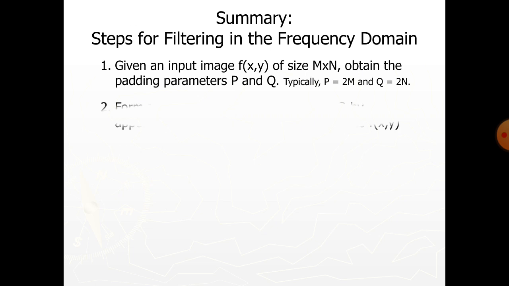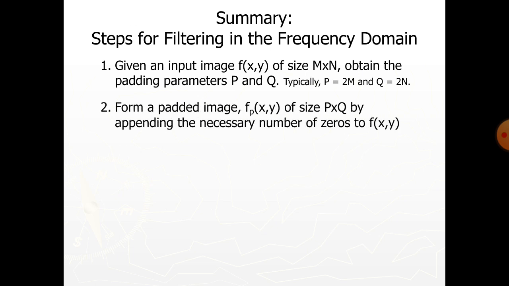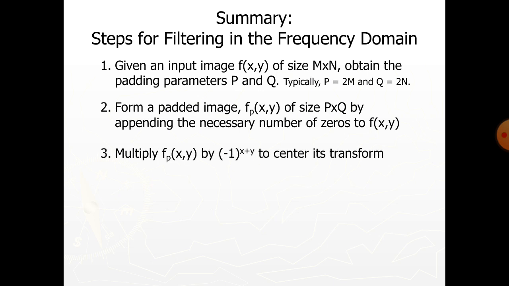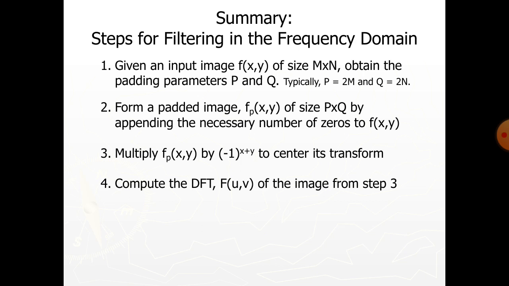Second, form a padded image fp(x,y) of size P by Q by appending the necessary number of zeros to f(x,y). Third, multiply fp(x,y) by (-1) raised to x plus y to center its transform. Fourth, compute the DFT F(u,v) of the image from step 3.